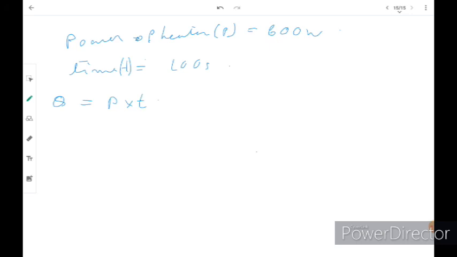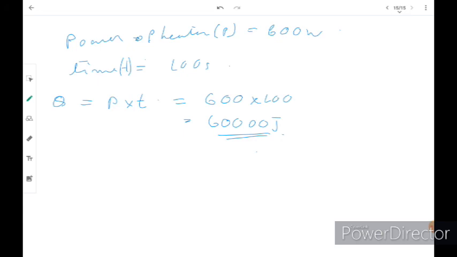We can write 600 into 100 seconds, which is equal to 60,000 joule of heat energy produced.